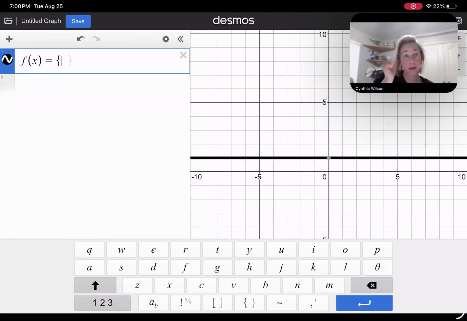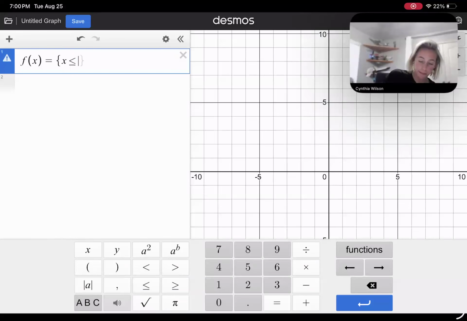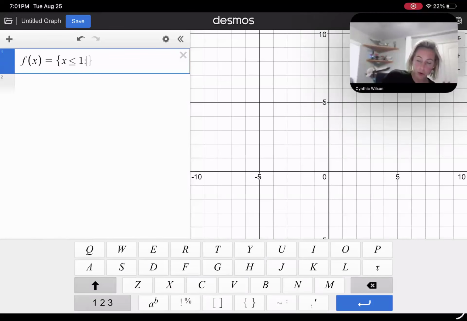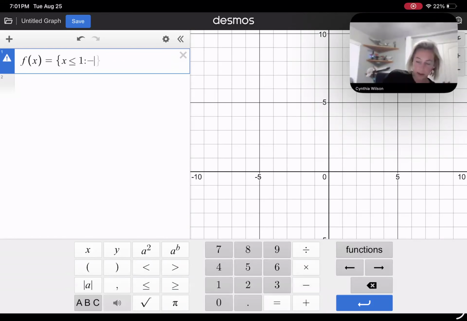Okay, remember it's condition first. So the first condition, x is less than or equal to 1. And then it's colon. And it was negative x plus 2, comma.